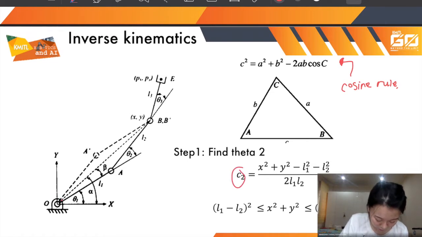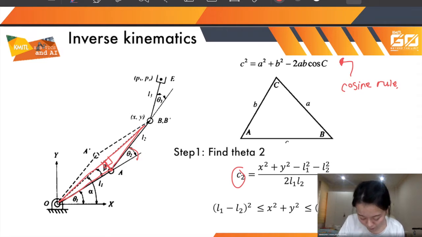because here is a triangle that has theta 2, and we can find theta 2 by the cosine rule and get x squared plus y squared.